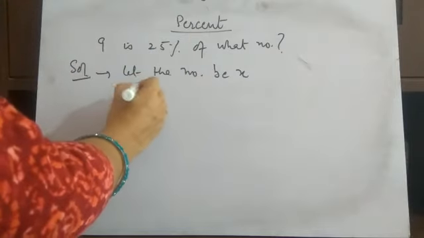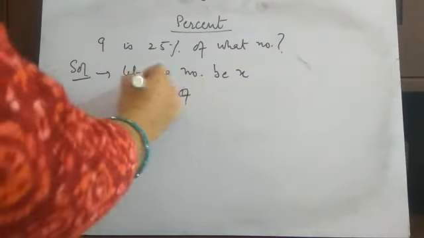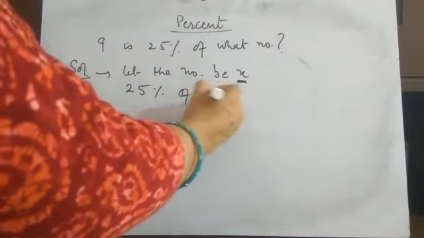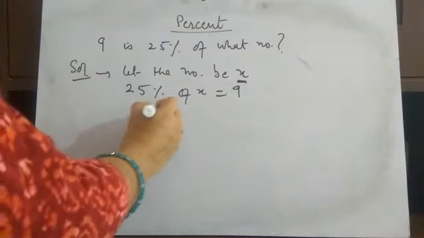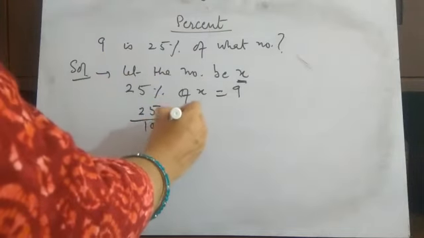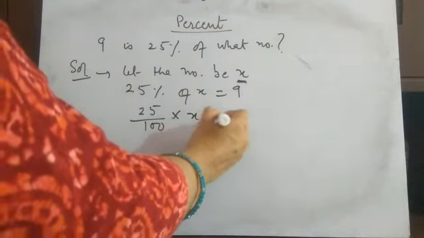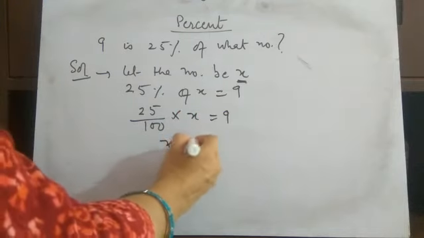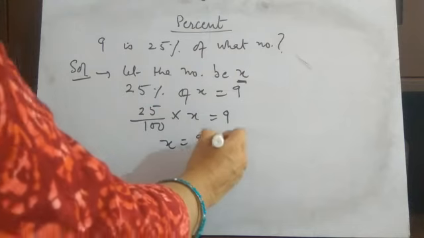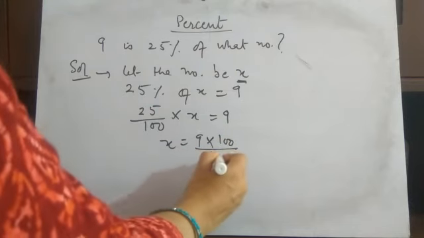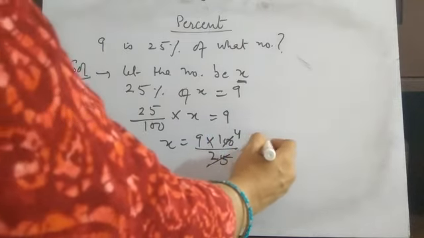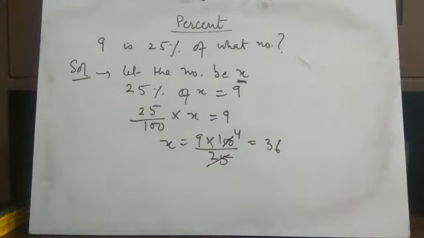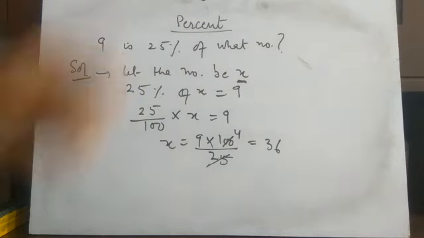So 25% of x is equal to 9. 25% will be written as a fraction. Of is multiply, x equals 9. Then 100 is divided here, on this side it will multiply, and upon 25. 25 4s are 100, and 9 4s are 36 is the answer. So 25% of 36 will be 9.